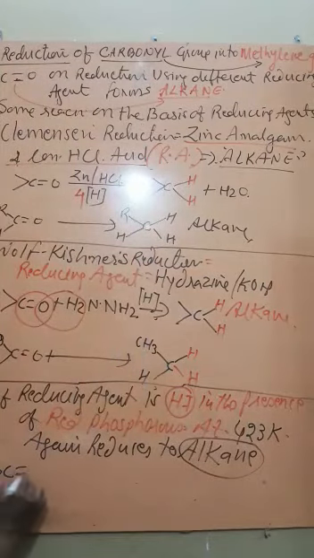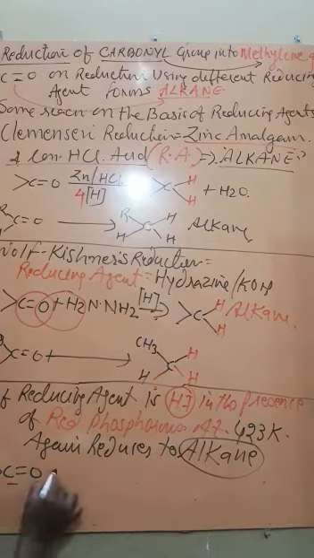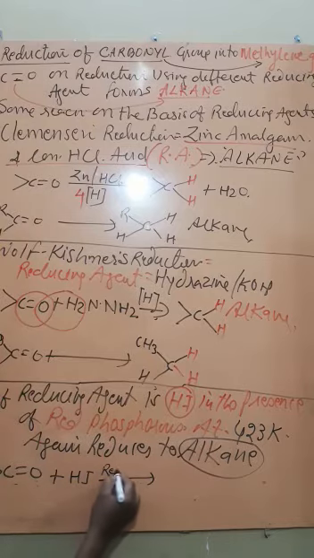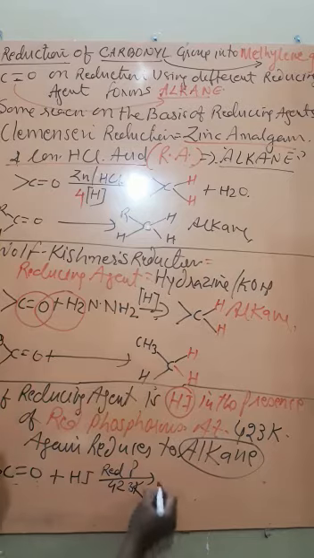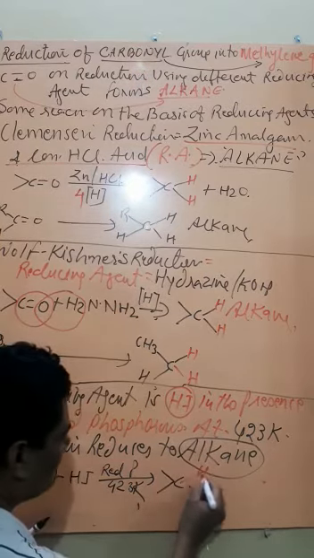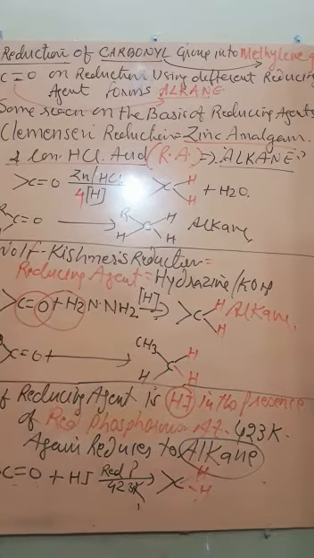The C double bond O carbonyl compound plus now what, HI in presence of red phosphorus, and the temperature is 423 Kelvin. So here C, and there is H and H. Getting? You can write here 4HI.